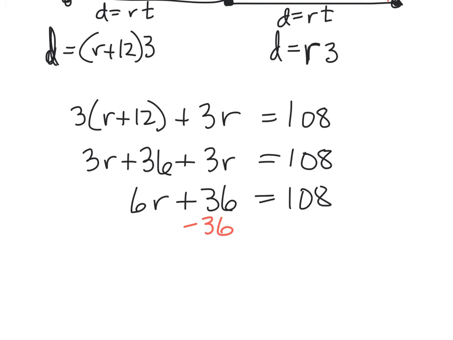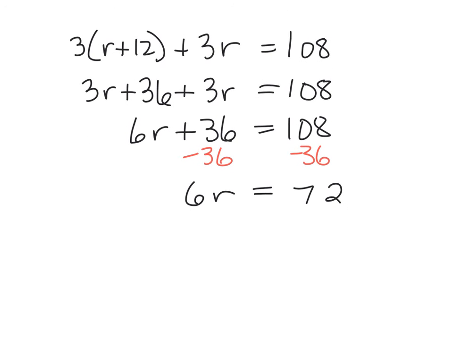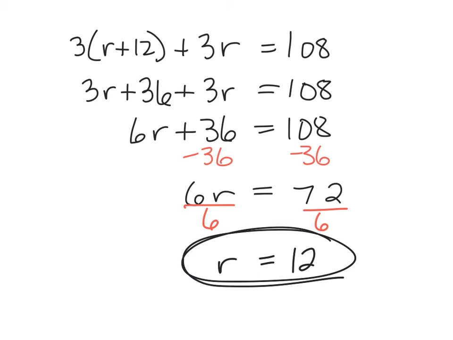We're going to subtract 36 from both sides. So you end up with 6r is equal to, oh my gosh, what is that? 72. And then divide both sides by 6. And that gives us r is equal to 12.